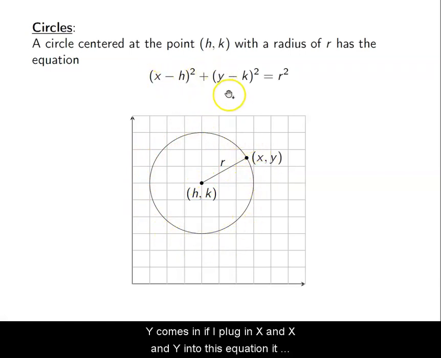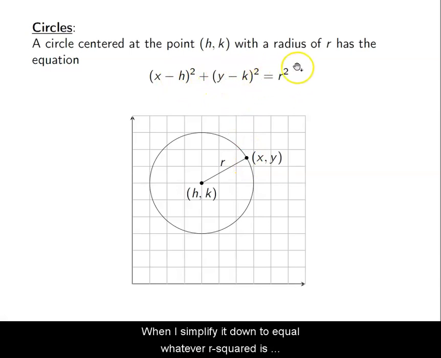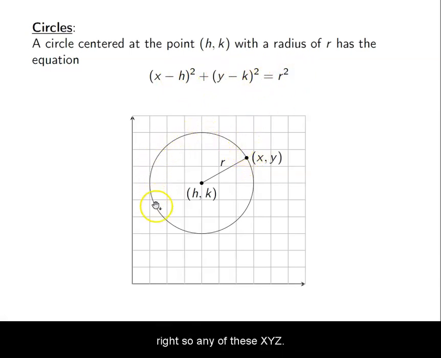If I plug in X and Y into this equation, it should satisfy, when I simplify it down, to equal whatever R squared is, right? So any of these XYs on the outer rim of my circle will have a distance away from HK of R, because R is the radius.